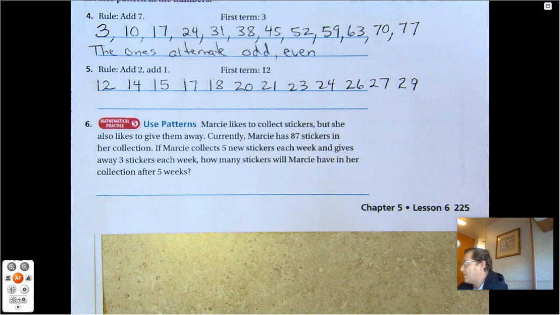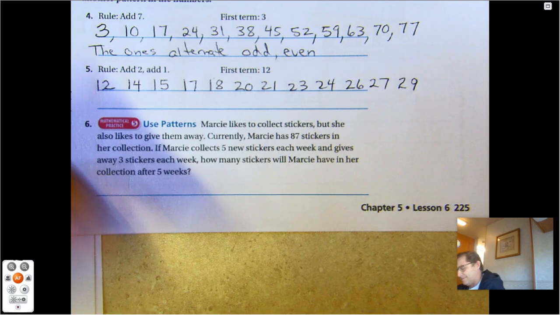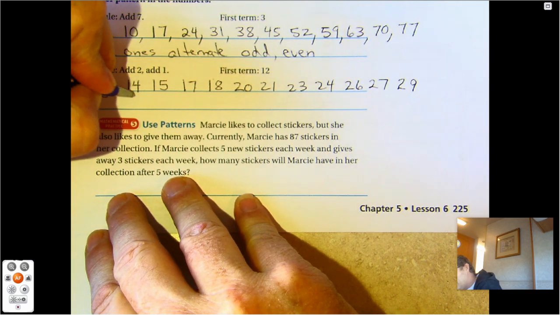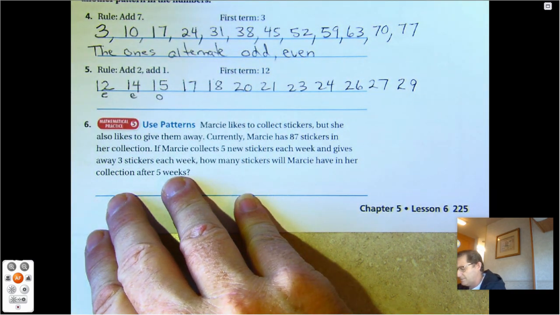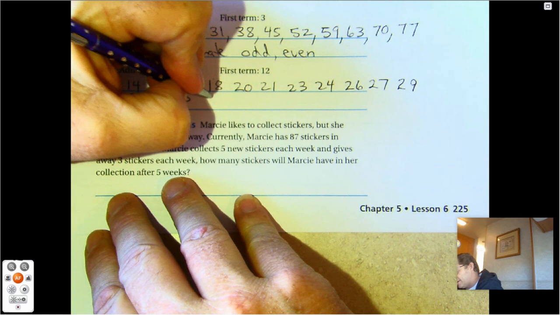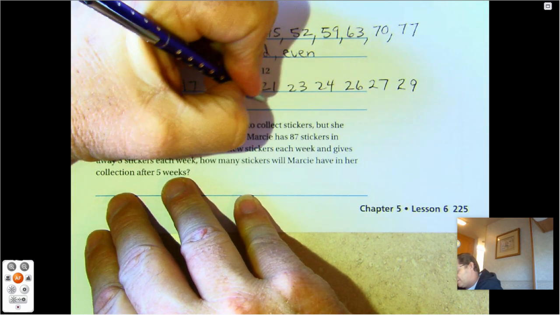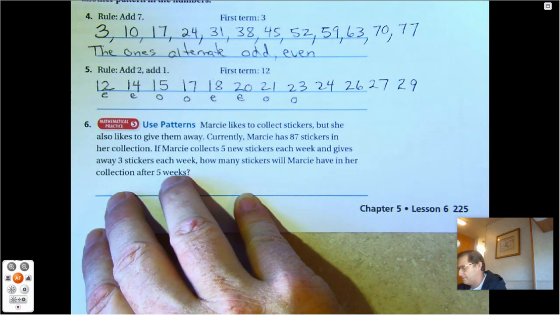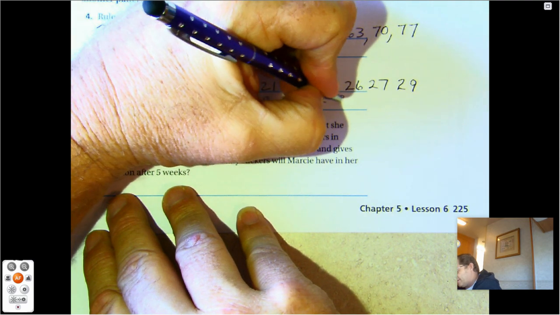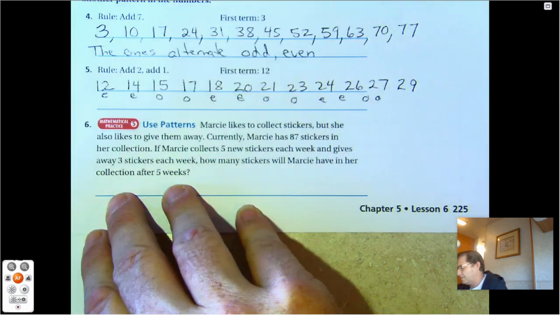All right, so what is a pattern that we noticed in this? Let's see. Even, even, odd, odd, even, even, odd, odd, even, even, odd, odd.